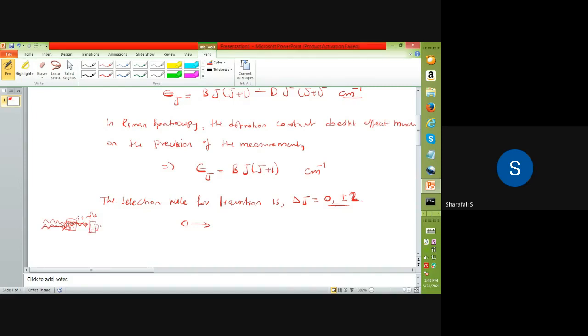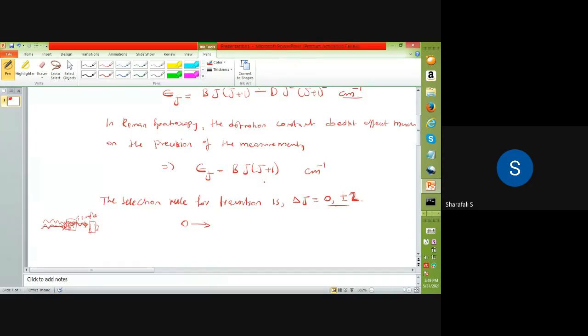In that case, the molecule is not going to absorb that energy, and the transition will not happen. That is the case of delta J equal to 0, which means no transition is happening. In other words, the molecule does not absorb the radiation, or the molecule does not give energy to the photon.